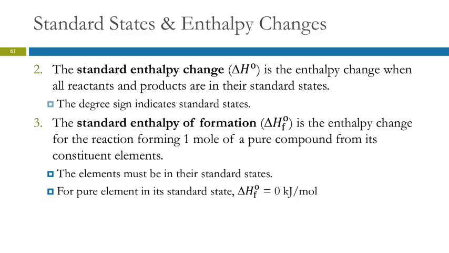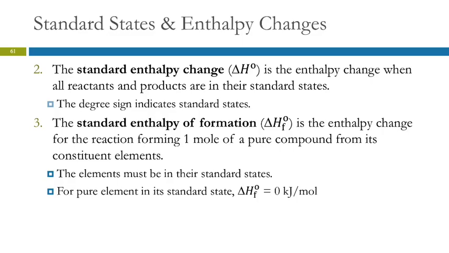So the standard enthalpy change is the enthalpy change that we observe when all the reactants and products are in their standard states. And so we take that delta H and we put this degree sign after it, and that indicates that this is occurring at standard states. We can add a subscript F onto this and call this the standard enthalpy of formation.